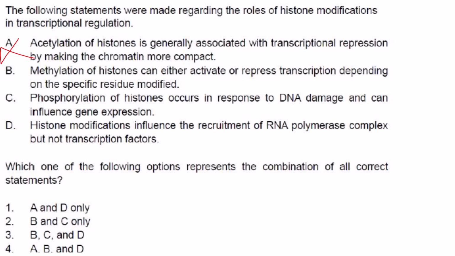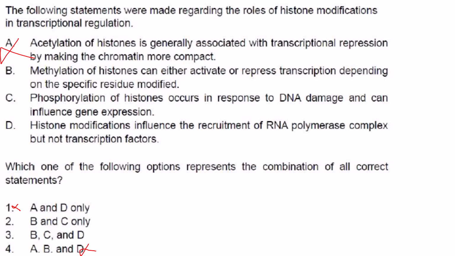You have to see for all the correct statements. Now methylation of histones can either activate, so that makes 1 also wrong, 4 also wrong. Now we have to see 2 and 3. Methylation of histones can activate or repress transcription depending on the specific residue modified. That is correct.